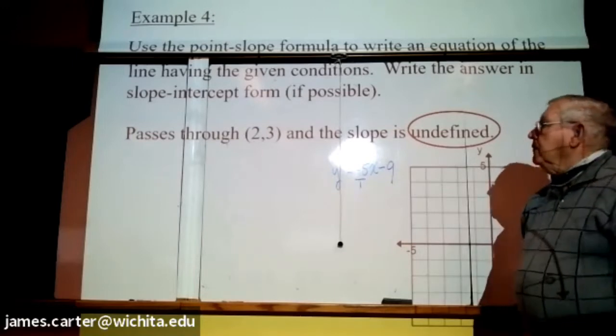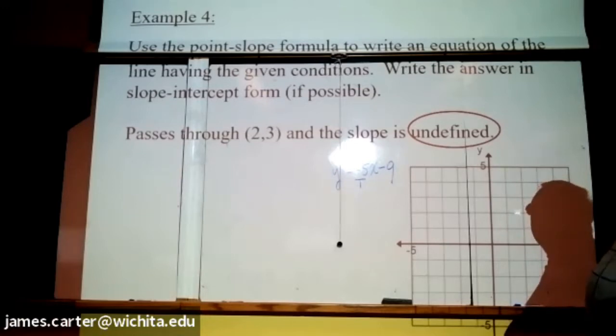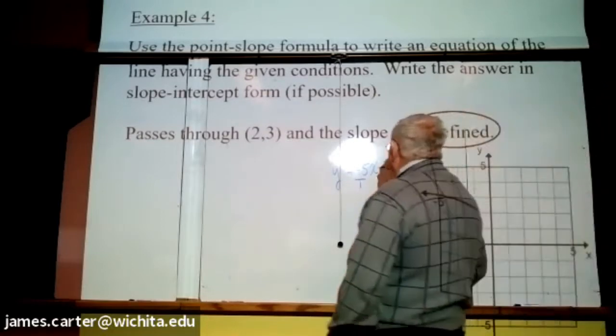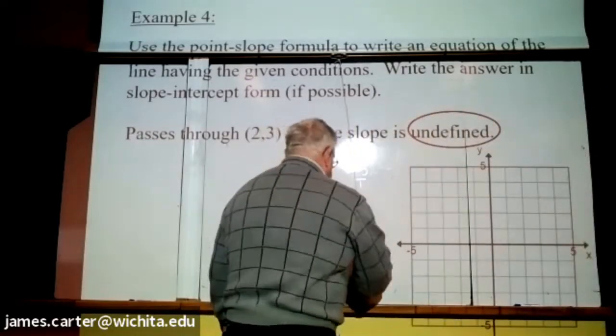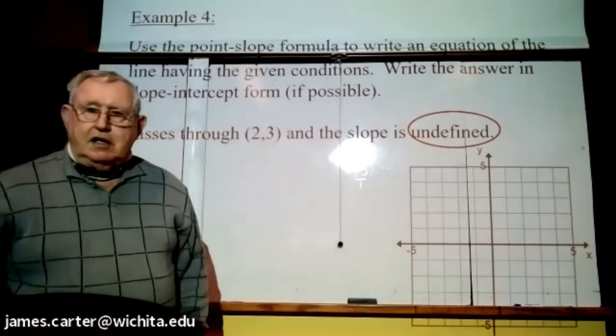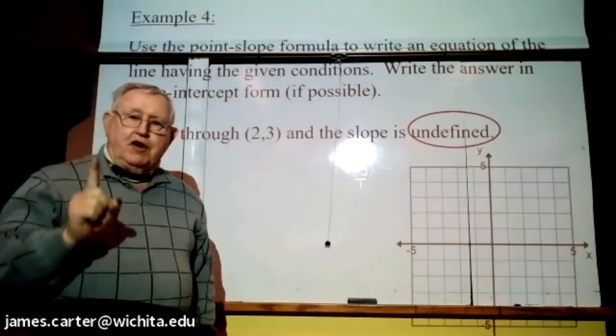Okay, now let's talk about this one. It passes through this point, and the slope is undefined. If you recall from last week, when we have an undefined slope, that means that it's a perfectly vertical line.